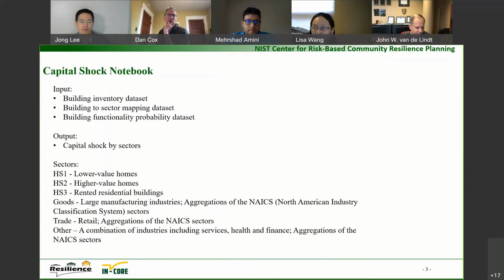For example, HS1 is lower value homes, HS2 is higher value homes, and HS3 is rented residential buildings. The non-residential sectors are goods, trade, and other. Goods are large manufacturing industries, trade is retail, and other is a combination of other services such as hospitals, schools, churches, etc. All of these 3 non-residential sectors are aggregations of the next-level sectors.